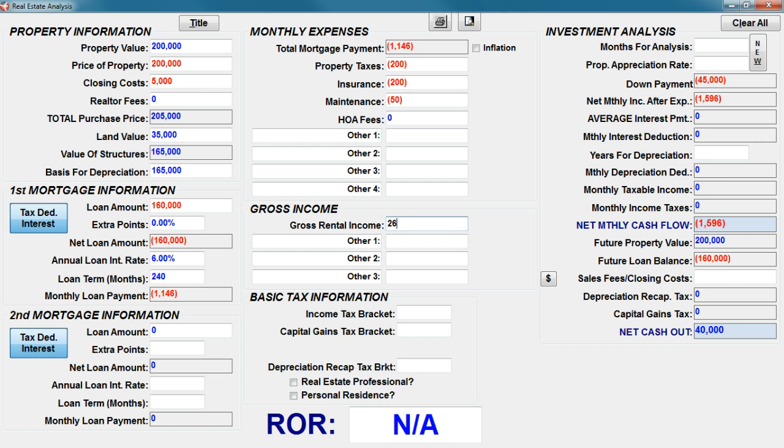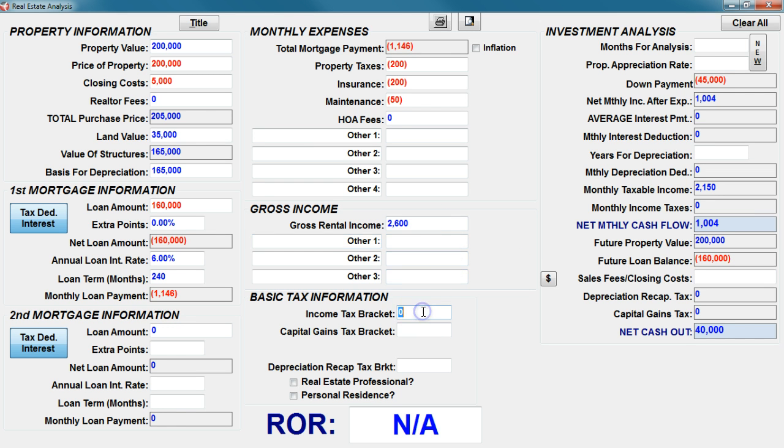Let's start at $2,600 and see what happens. Now, is that possible on a $200,000 house? I don't know. I have friends and clients, people that I work with, that have some very high rental income on very low purchase price properties. So let's leave it there and we'll analyze that in a minute.